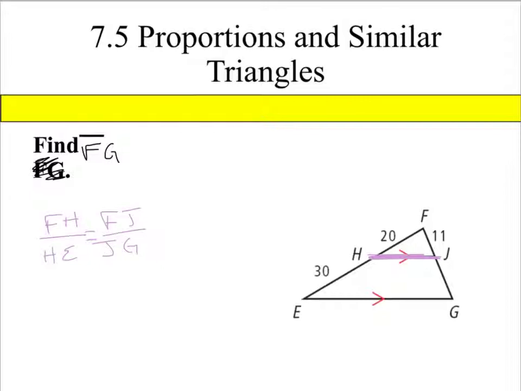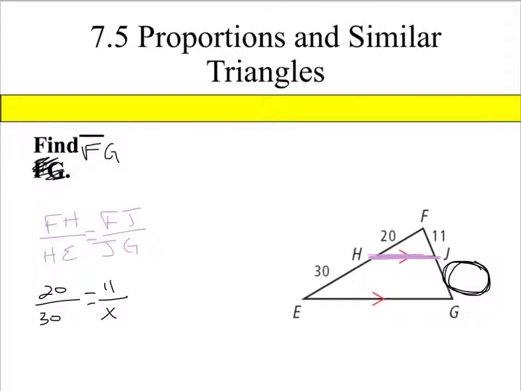Now we can plug in what we know. FH is 20, HE is 30, and FJ is 11. However, we do not know JG, so we plug in x as our variable.